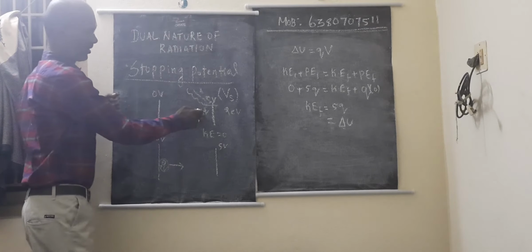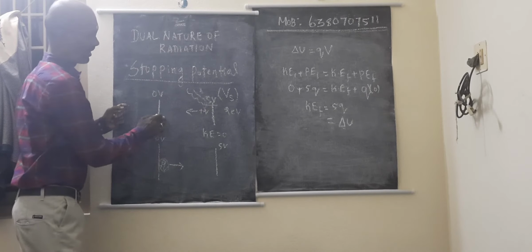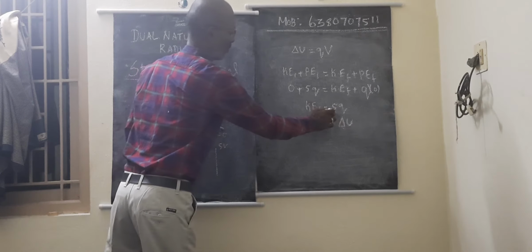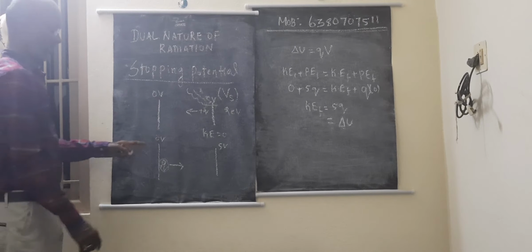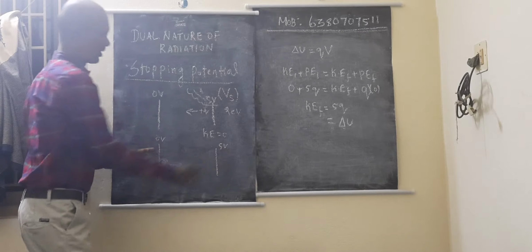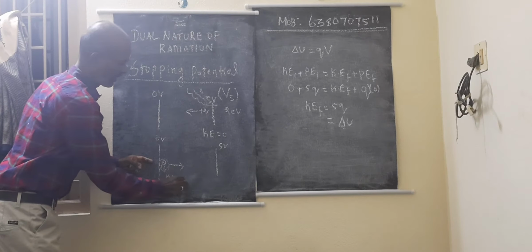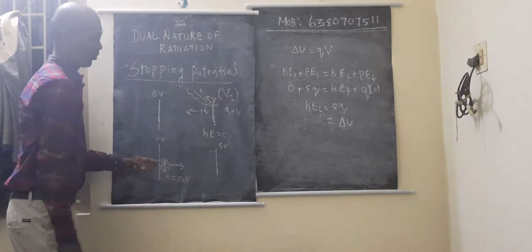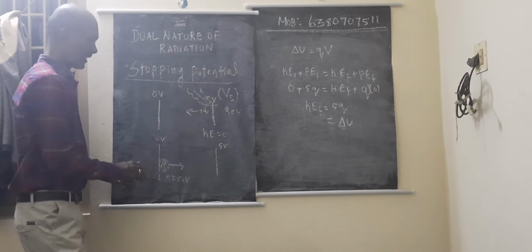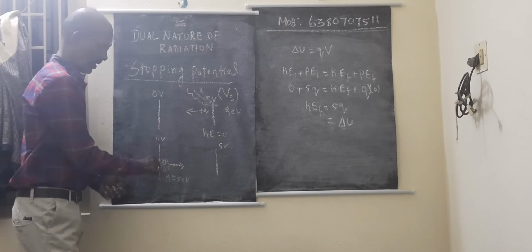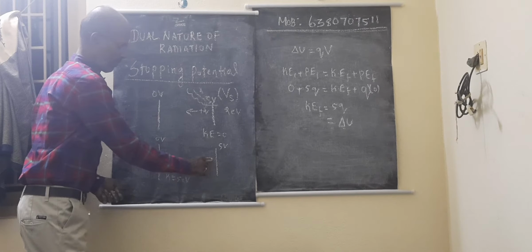So this charge will move here and attain a kinetic energy equal to 5Q. So from 0 to 5 volt, the kinetic energy required is 5 electron volt. What will be the minimum kinetic energy required by this charge to move to the other plate?